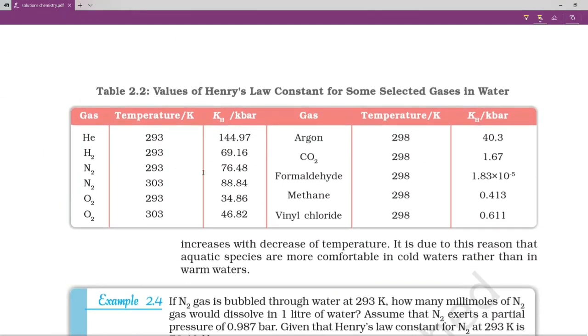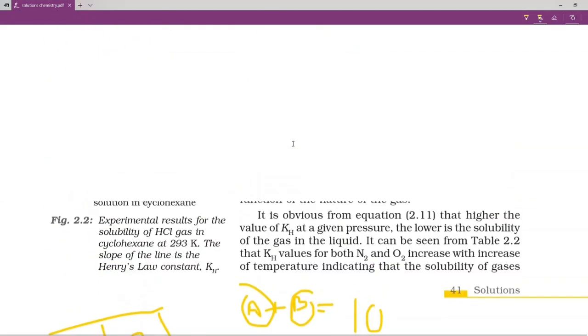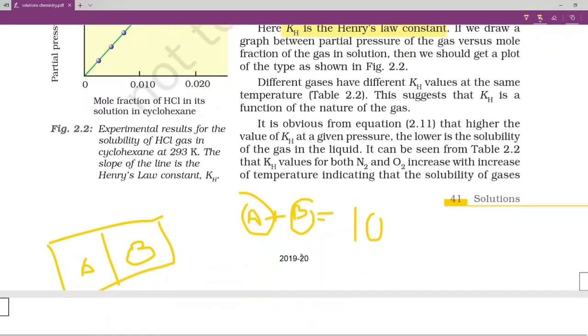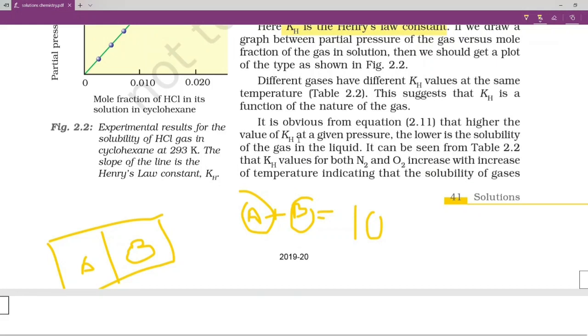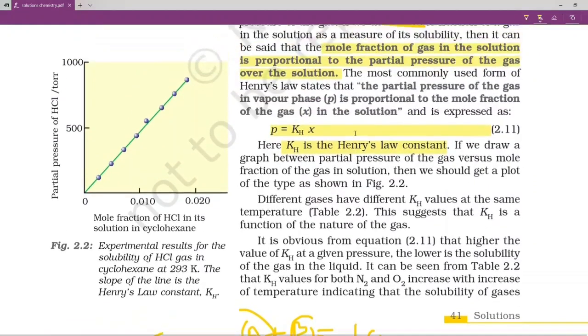So here the different values of KH for different gases are written, as well as at different values of temperature. One more statement: the higher the value of KH at a given pressure, the lower is the solubility of the gas in the liquid.